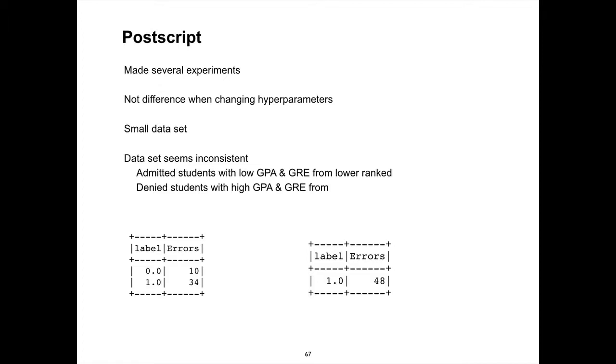The other problem is that, as we saw, there are some people who had good schools, high GPAs, high GRE scores who were not admitted, and some people with low scores who were admitted. I didn't have the time to figure out why, when I selected one set of hyperparameters and ran it, I got one result, and when I tried multiple ones, I always got the same result. Don't know.